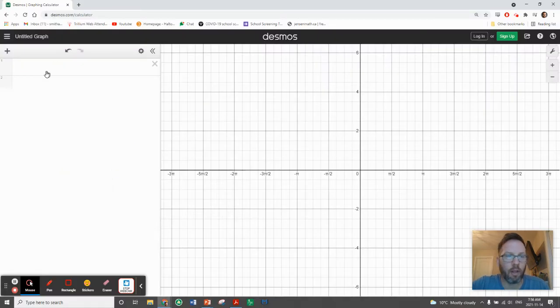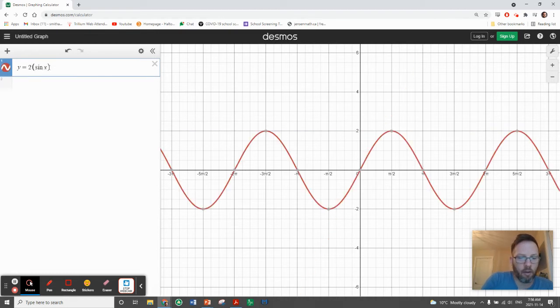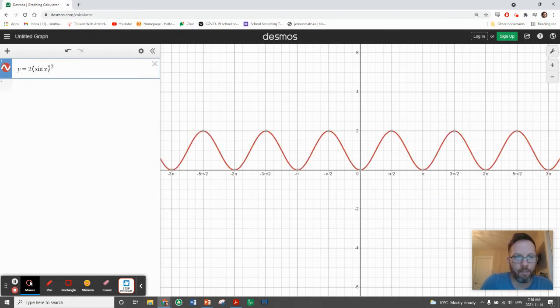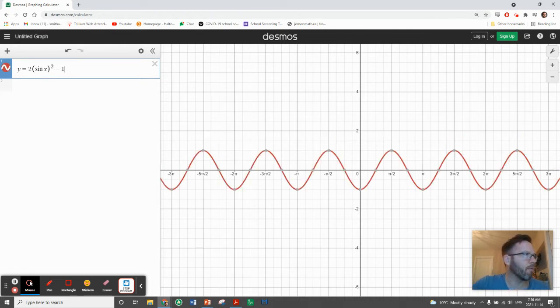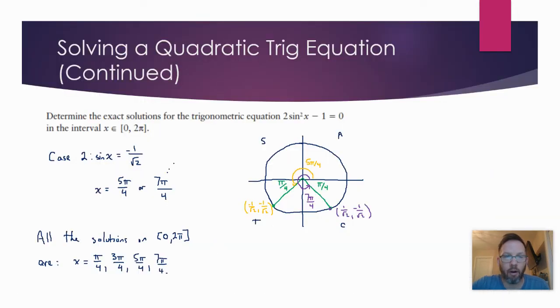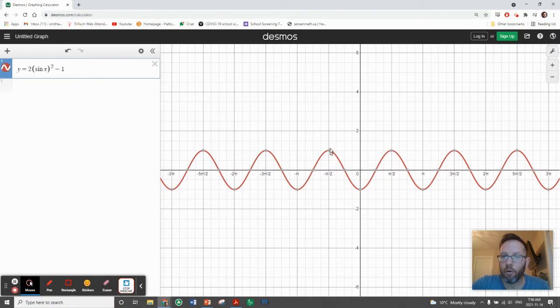In Desmos, we can graph the function y equals 2 sine squared x minus 1. That's what we're working with, right? And then ask ourselves, when is this equal to 0? Our equation was, when is this equal to 0, on from 0 to 2 pi.